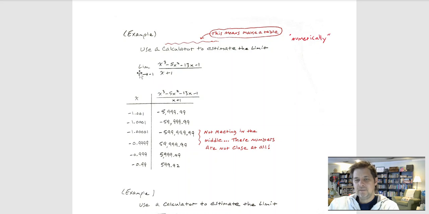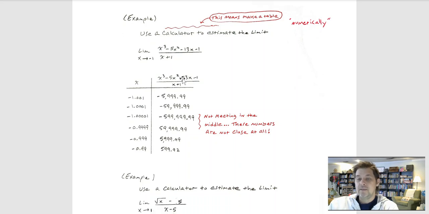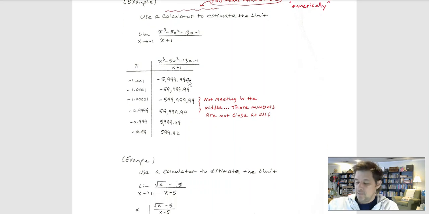So here, this is the limit as x goes to -1, okay, for that complicated looking function. All right, here's the way a table would look. Here's a series of numbers where the x is going to -1 progressively from both sides. Notice all the decimal places.